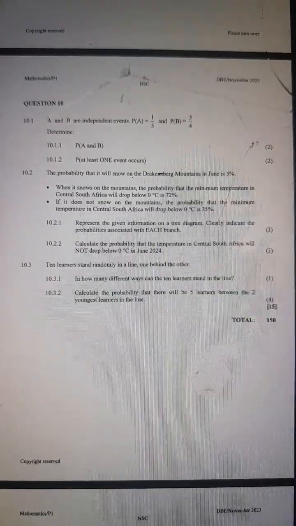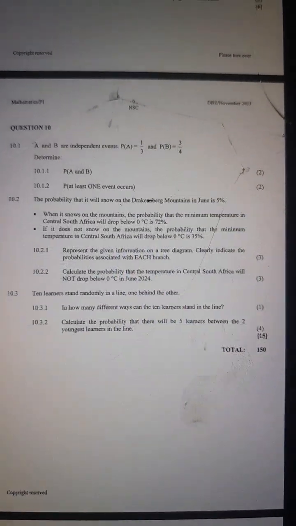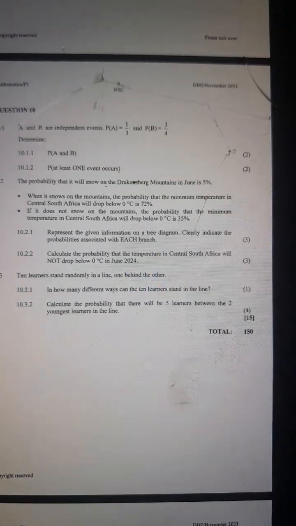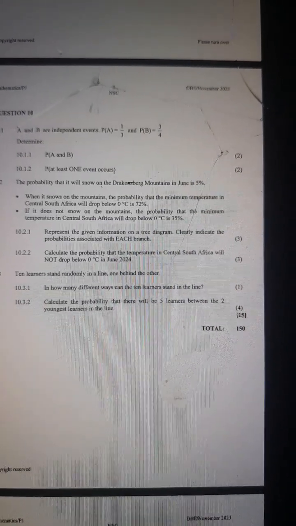At 10.1, we are given that A and B are independent events, such that the probability of A is 1/3 and the probability of B is 3/4. Then they said determine the probability of A and B. Well, for independent events, the probability of A and B will be the product of A multiplied by the product of B, meaning that we are going to multiply 1/3 multiplied by 3/4.